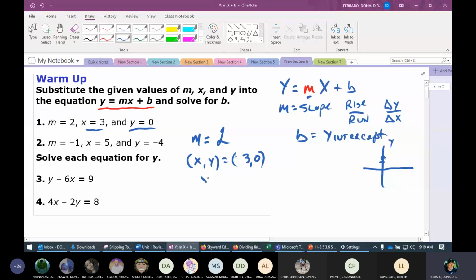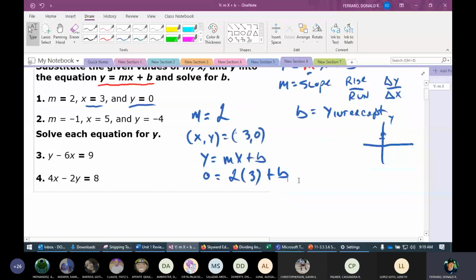So now let's substitute this information into our slope-intercept equation, y equals mx plus b. Cassie, go ahead and give me the numbers here. Okay, it'd be 0 equals 2 times 3 plus b. And now we're just going to solve for b. Walk me through that.